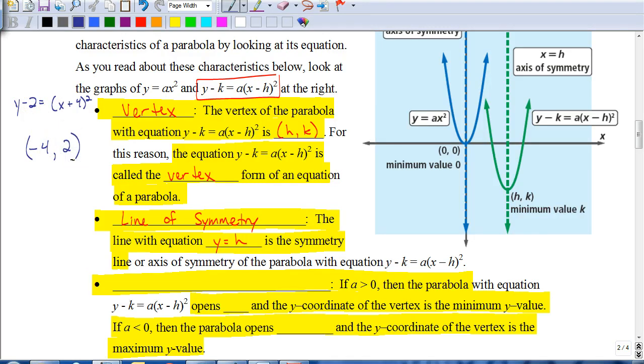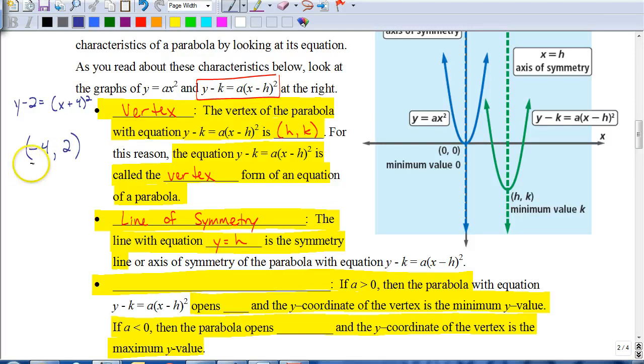Now you might say, well, why are we taking the opposites here? Why isn't it just 4 and negative 2? Well, remember, if I were to plug these into my vertex form, I should get the same equation. If I put this in vertex form, it would be y minus whatever k is. Well, y minus 2 gives me y minus 2. And in parentheses here, I'd have x minus h. Well, x minus negative 4 would make that (x plus 4) squared.